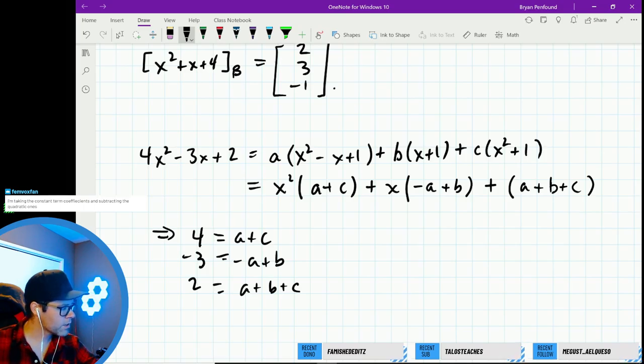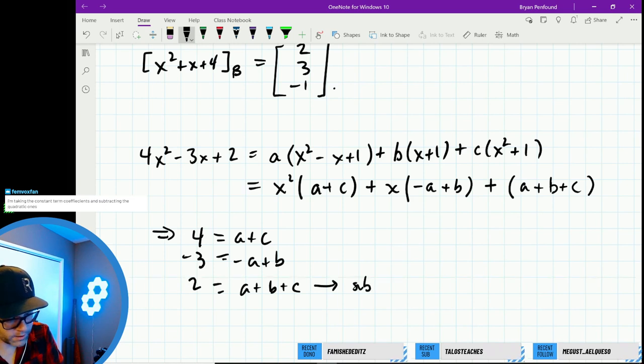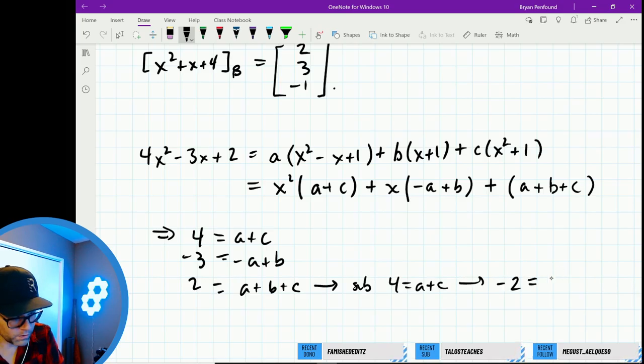Taking the constant term coefficients and subtracting the quadratic ones. Oh, I gotcha. Right, so you're looking at this one and saying, why don't we subtract 4 equals a plus c from this, and that's going to give us -2 is equal to b.